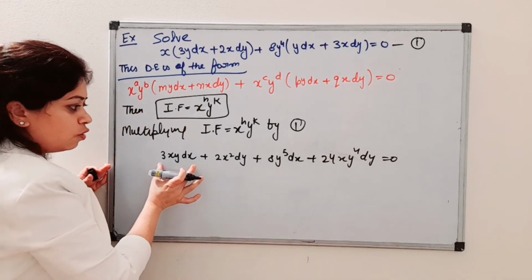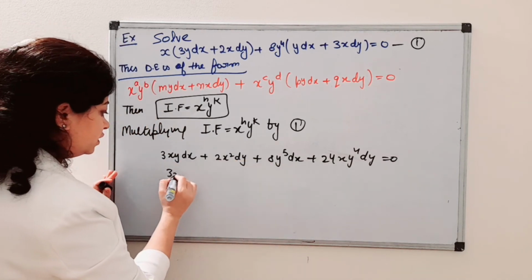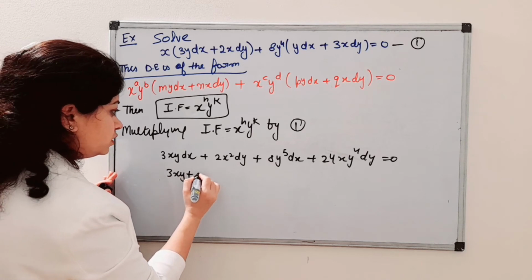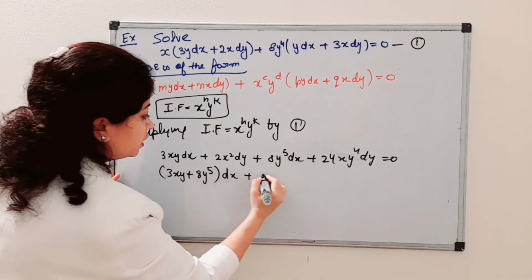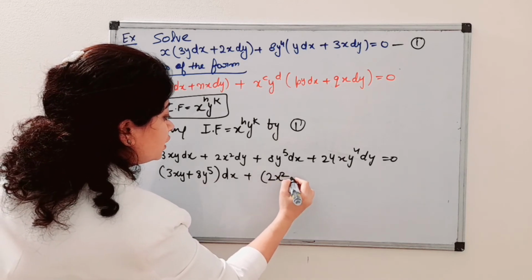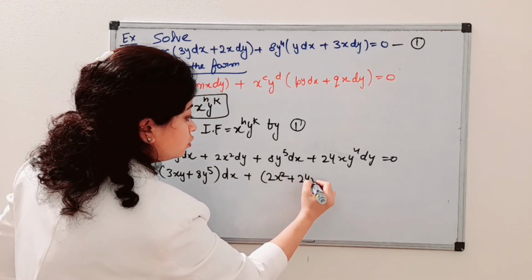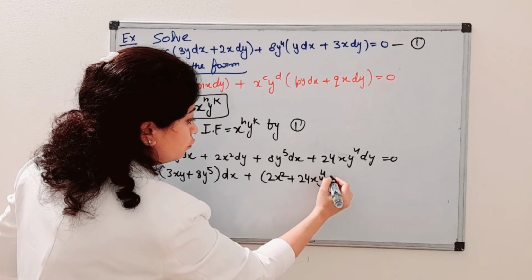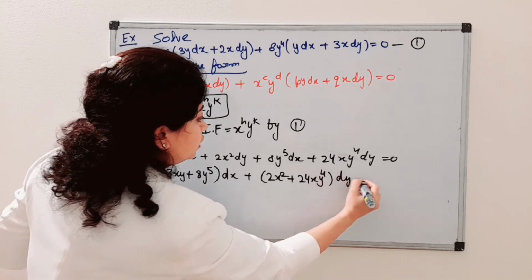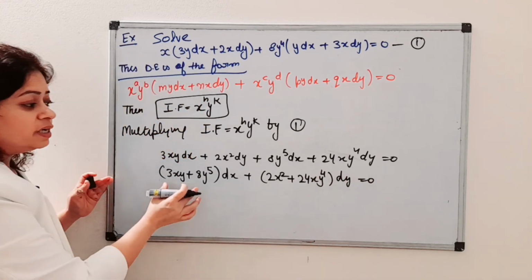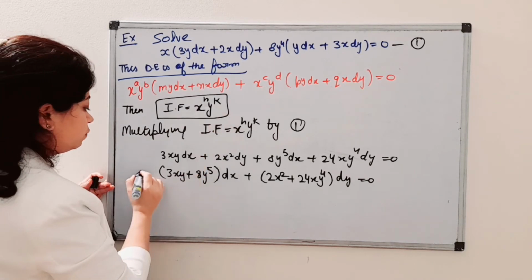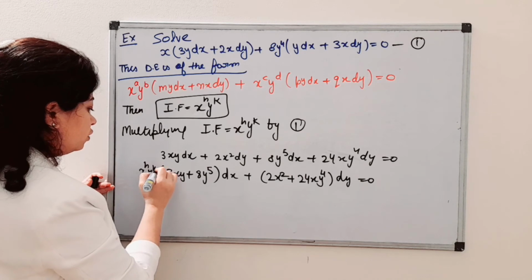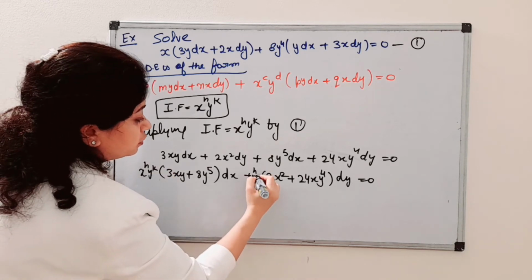Okay, so now we have this, we can write it as (3xy plus 8y^5) dx plus (2x square plus 24xy^4) dy equal to 0. Now multiply it with x raised to power h, y raised to power k to make it exact.